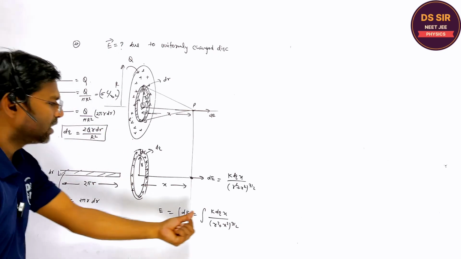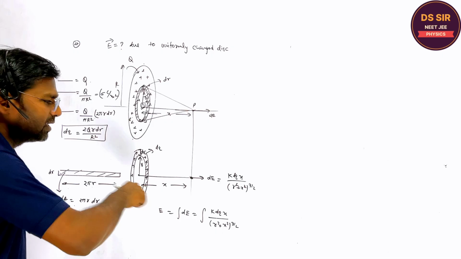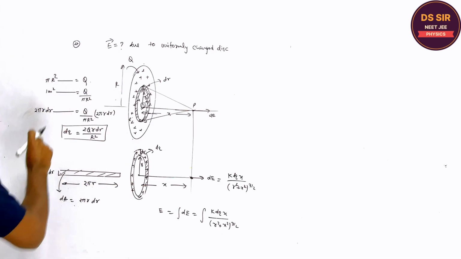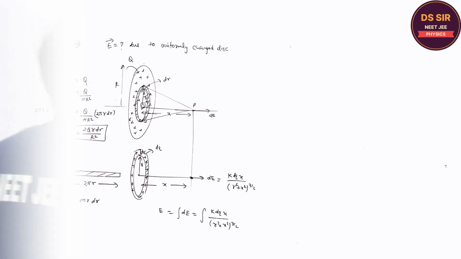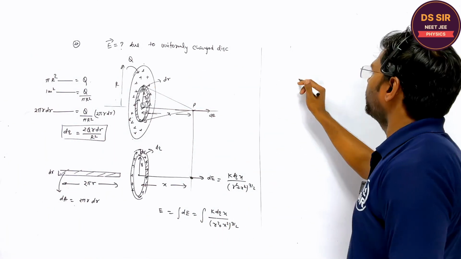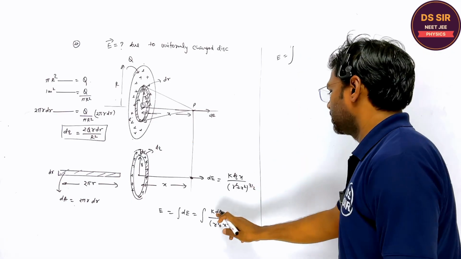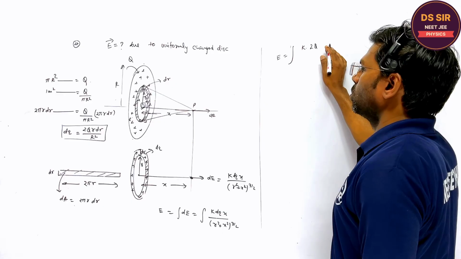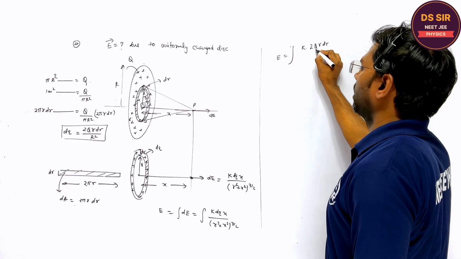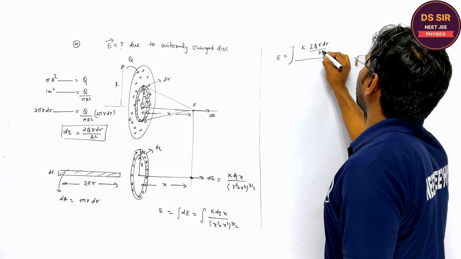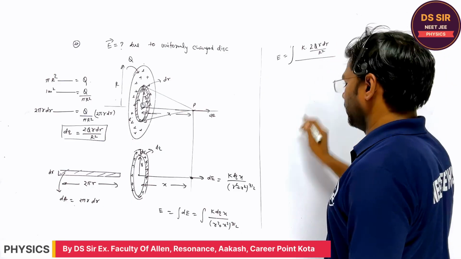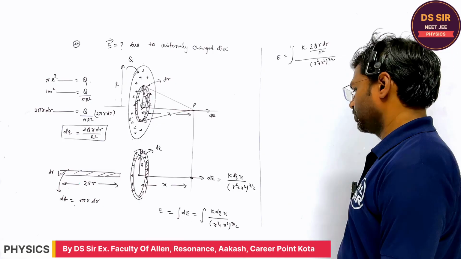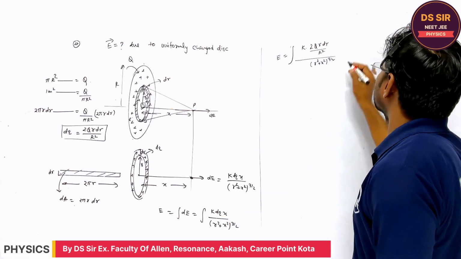Copy this first, then we will put the value of dq over here and then we will integrate. Copy this. Any doubt you can ask. Here the calculation may be a little long. The k into dq, where dq is 2q r dr upon r square, divided by (r square plus x square) raised to the power 3 by 2, into x.